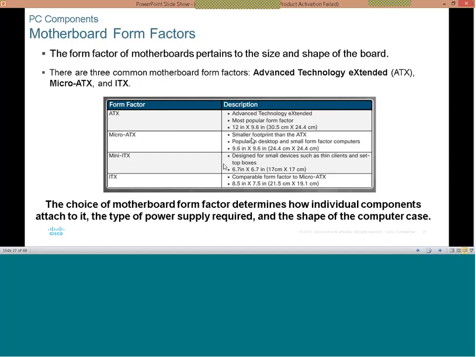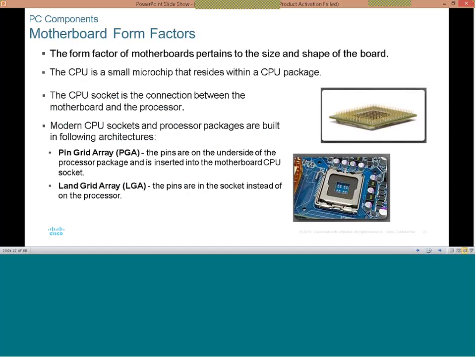And then here the description of each of them has been stated in terms of their dimension, in terms of their shape, just to let you know which can be categorized under different categories are specified here. So the choice of the motherboard form factor determines how individual components attach to it. Okay, so the type of power supply required and the shape of the computer case, like we said earlier.